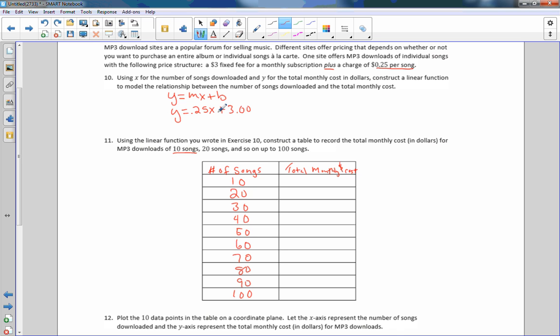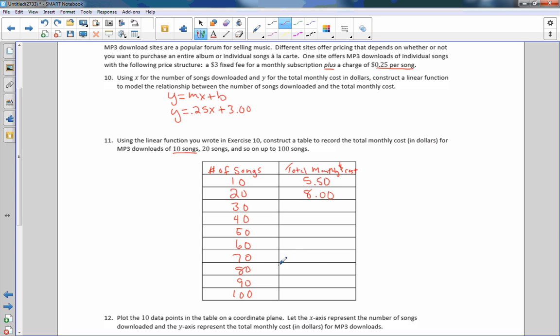Using this equation, plug 10 in for x. 10 times 25 cents is $2.50. 2.50 plus 3 is $5.50. Plug in 20. 20 times 25 cents is $5. $5 plus $3 is $8. Okay, so these are increasing by 10.